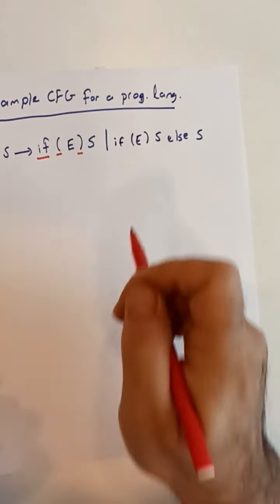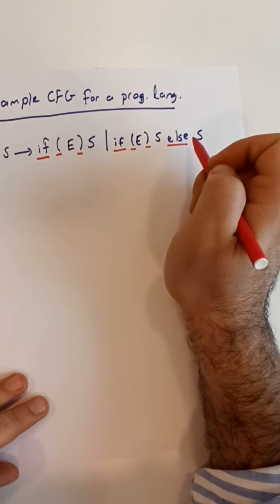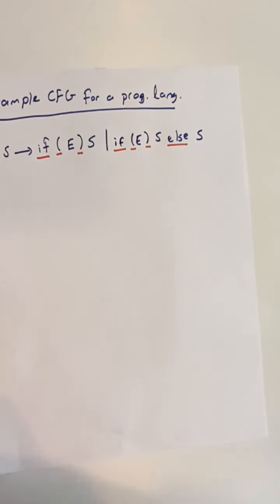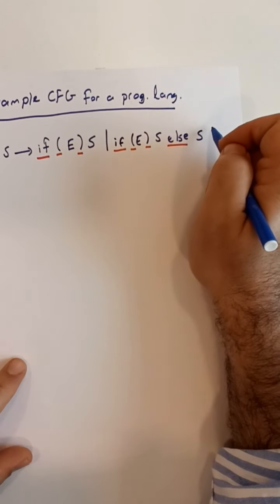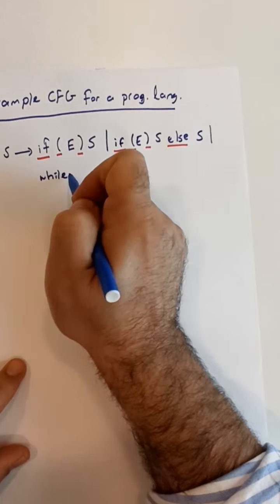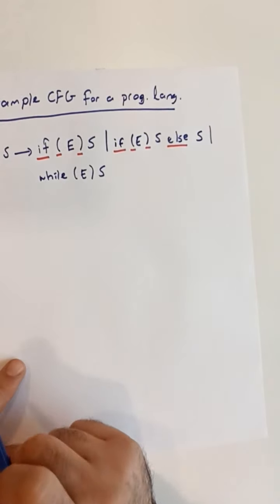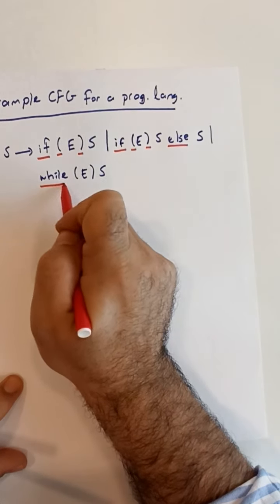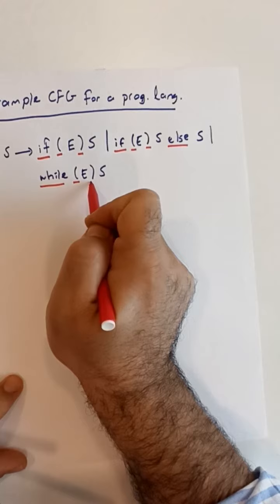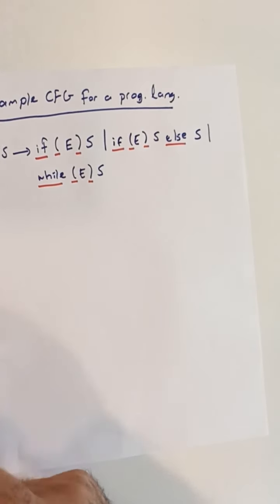Again, terminals are if, left parenthesis, right parenthesis, and the else keyword. Another rule could define the while statement, for instance. While expression is true, execute some statement S. Our terminals are while, left parenthesis, right parenthesis. E and S are our variables.